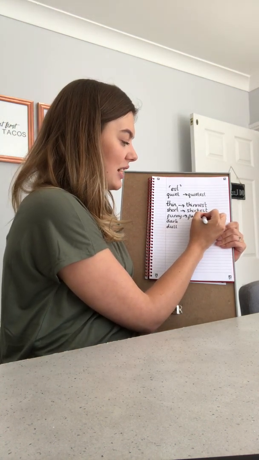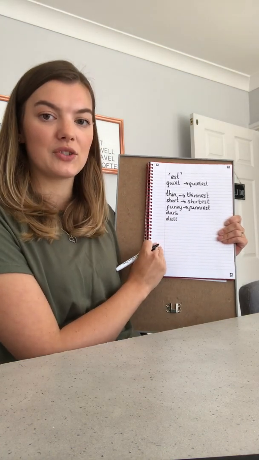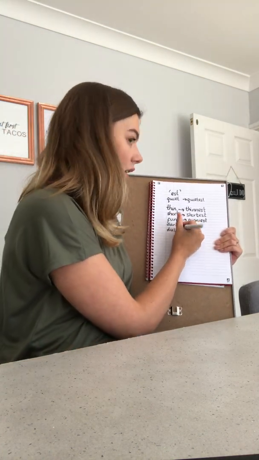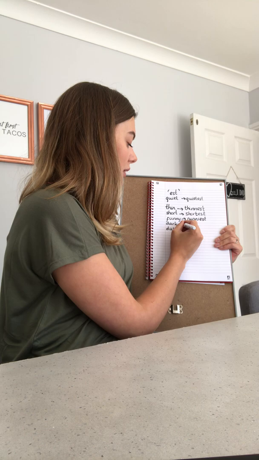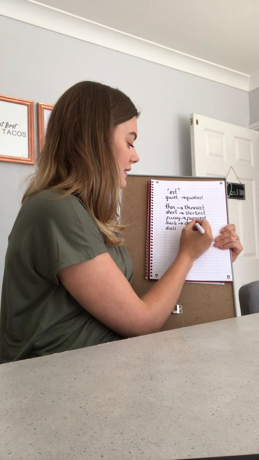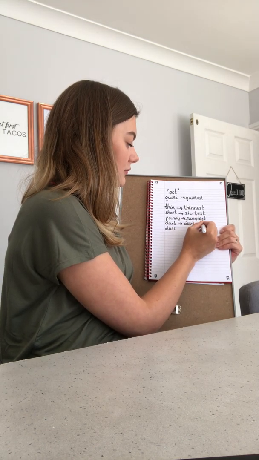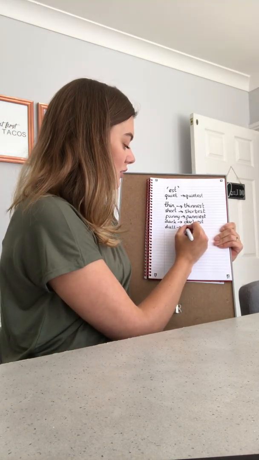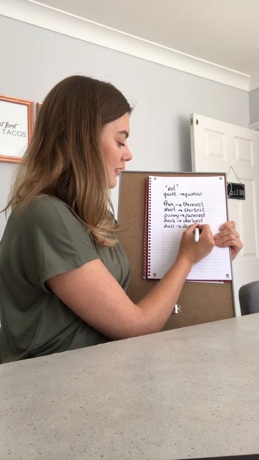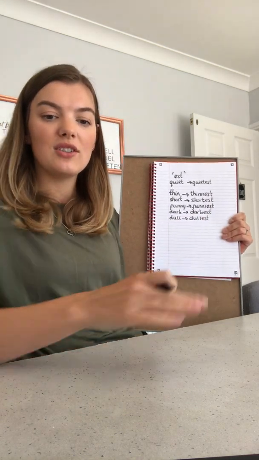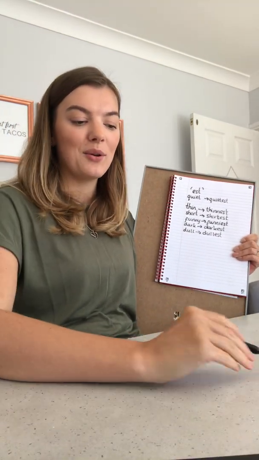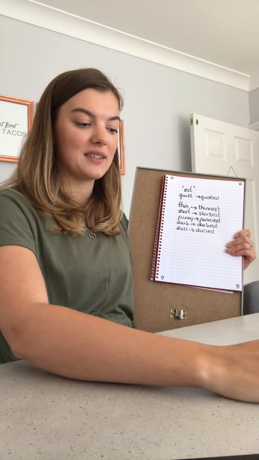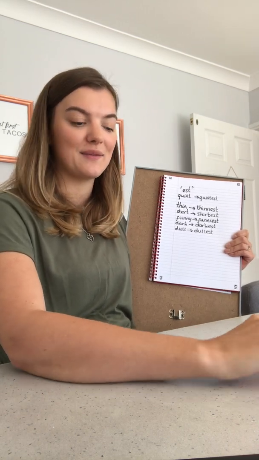That's right, I've had to change it to an i before I add the suffix est. Dark would become darkest. And dull would become dullest. So well done to those of you that were able to turn all of those adjectives into superlatives.